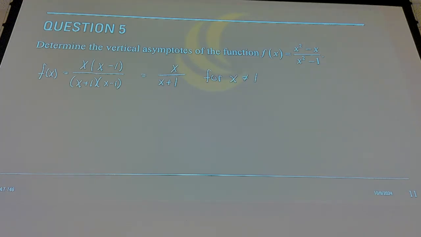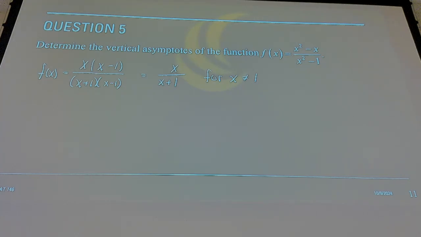Now it's a true statement. As long as x is not 1, those two are identical. But at x equals 1, they won't be.